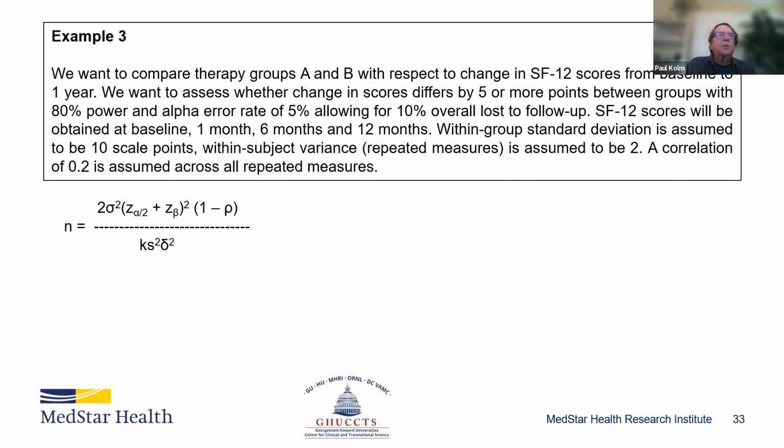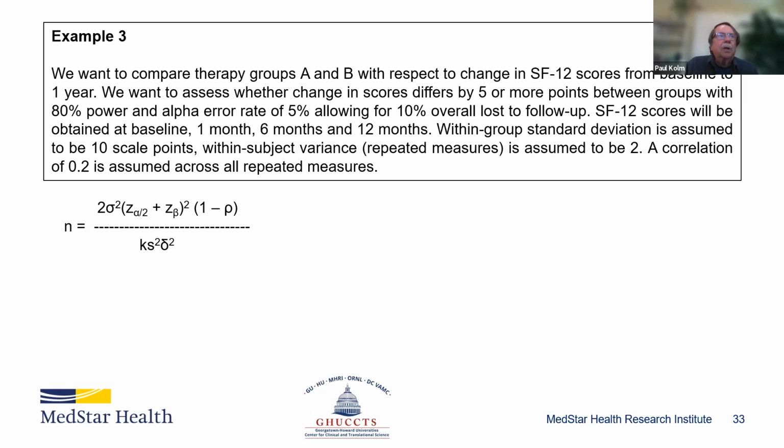And the SF-12 scores are going to be obtained at baseline, 1 month, 6 months, and 12 months. We're going to assume that the within group standard deviation is 10 scale points. The within subject variance, that is for the repeated measures, we're going to assume to be 2.